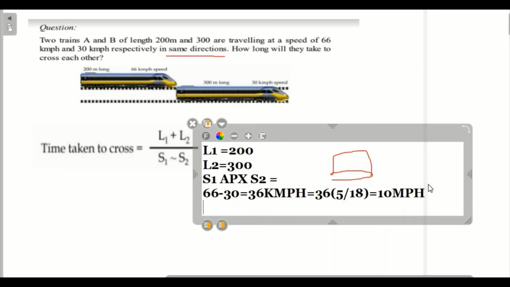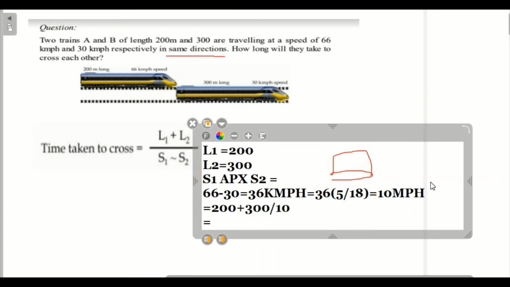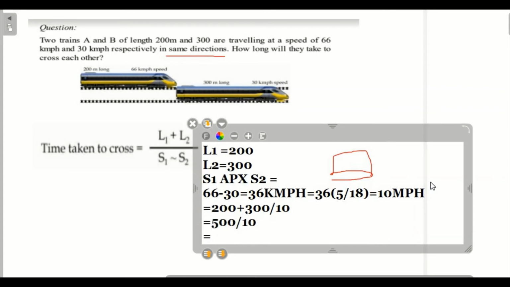Okay, so we have to substitute as it is in the formula: 200 plus 300 divided by 10 is equal to 500 divided by 10. So our value will be 50. So 50 seconds. Okay, we have calculated the value in seconds.